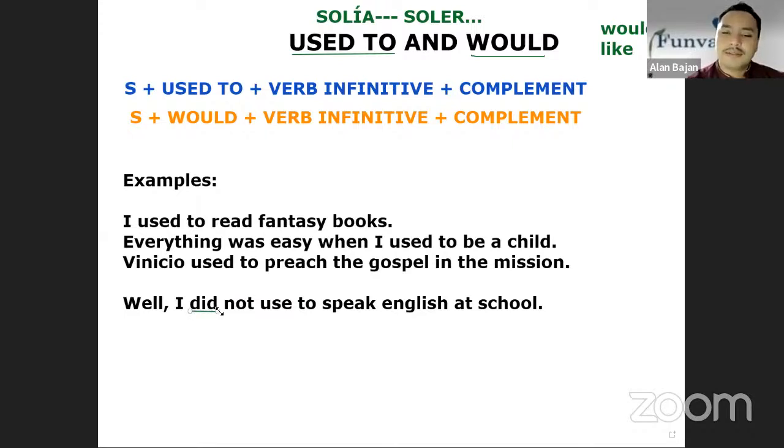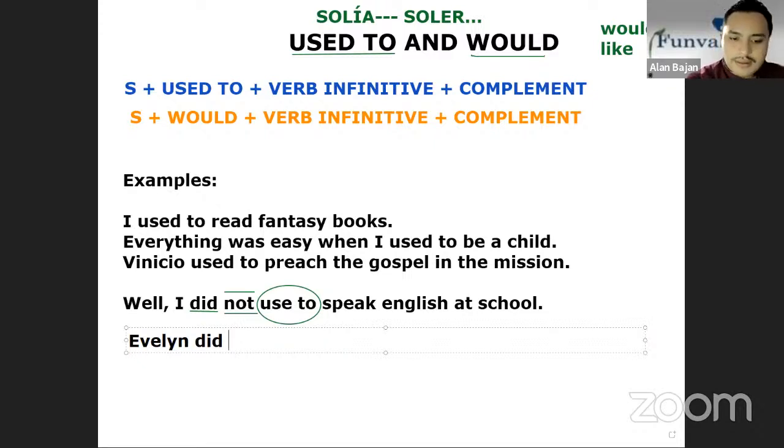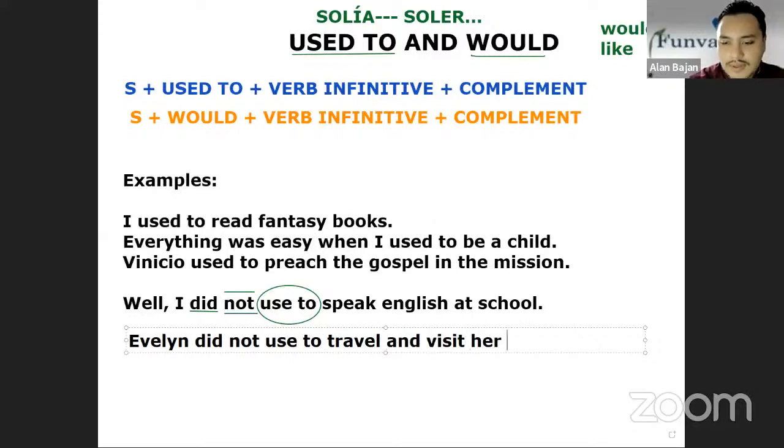So I will use the auxiliary did, and because it's negative, I will add the connector not. So the next verb will be without ed. This means that my used to will be like this, and the rest is the same. Let's see other example. Evelyn did not use to travel and visit her parents.